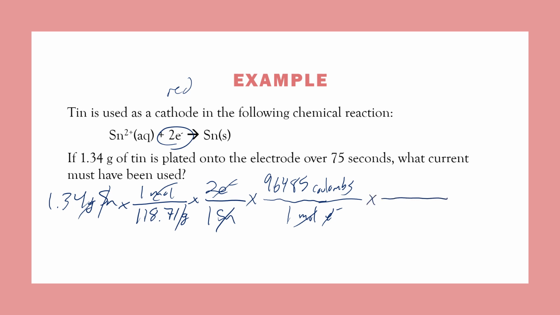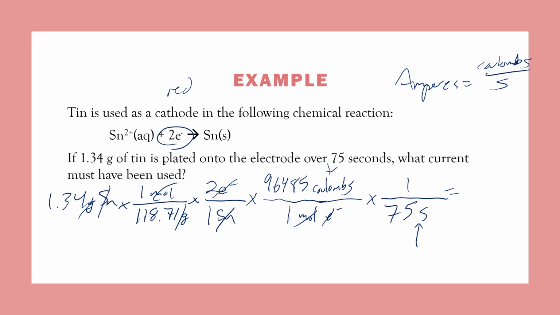I'm going to put 75 seconds on the bottom, because amperes is coulombs per second. So I already have coulombs on the top, I need seconds on the bottom. They won't cancel because that's what I'm looking for.